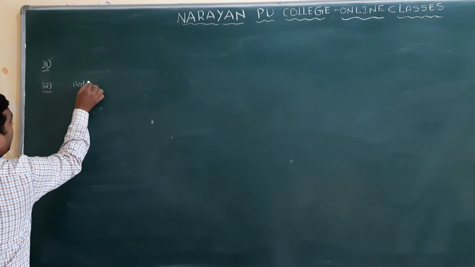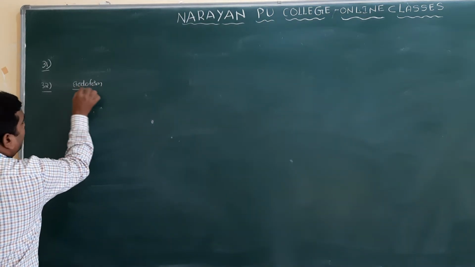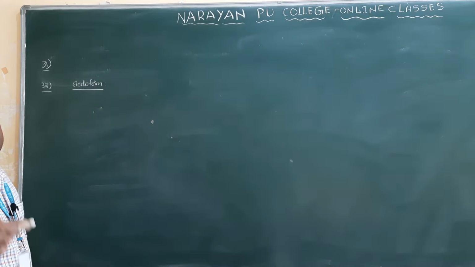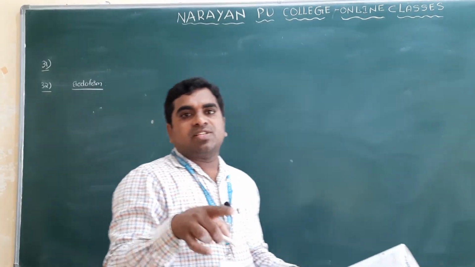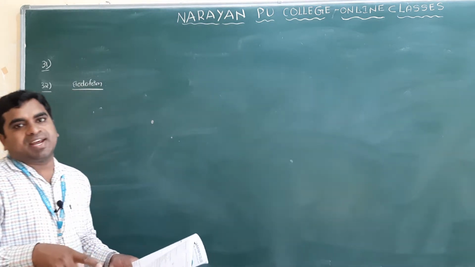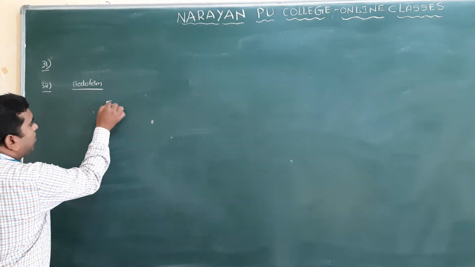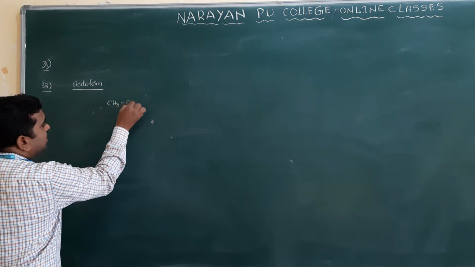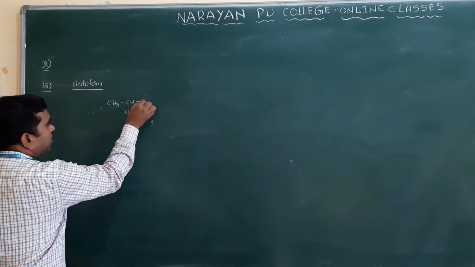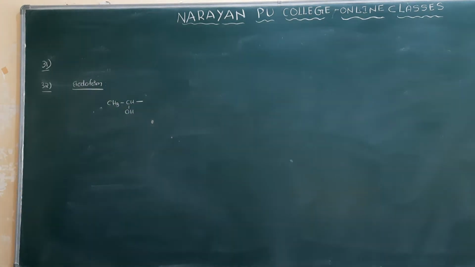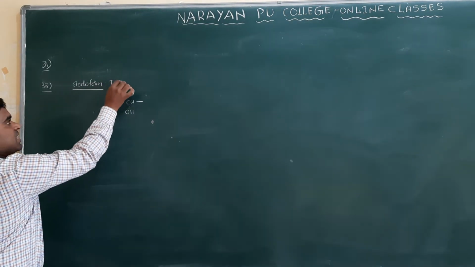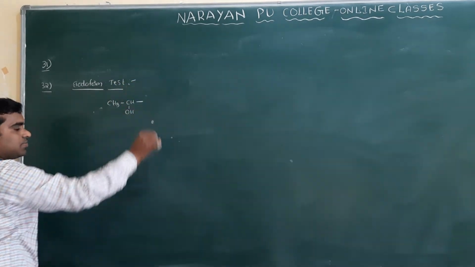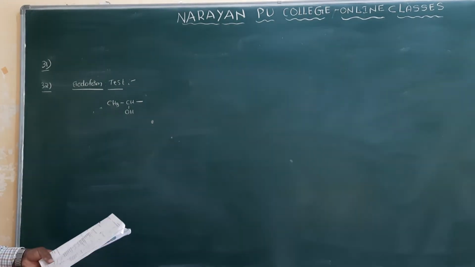All the options they have given are alcohols. To give the iodoform test, the alcohol must have the CH3CHOH group. If the alcohol has this group, then it gives the iodoform test. Clear? So see the options they have given.